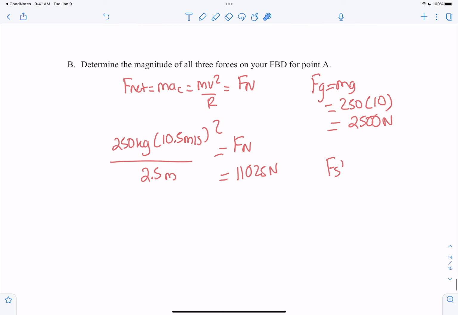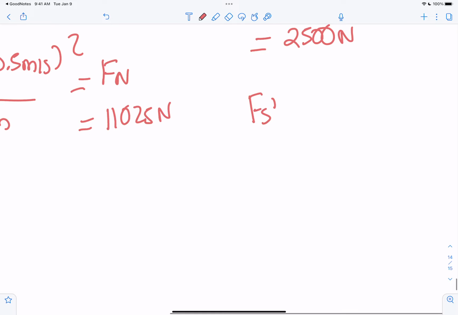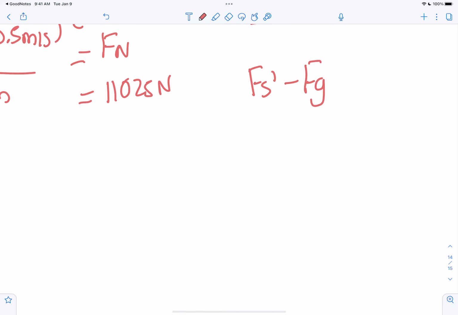So in that case, we know that Fs prime minus Fg should equal 0, because they should cancel out. So Fs prime is equal to Fg. So Fs prime is also 2,500 newtons.